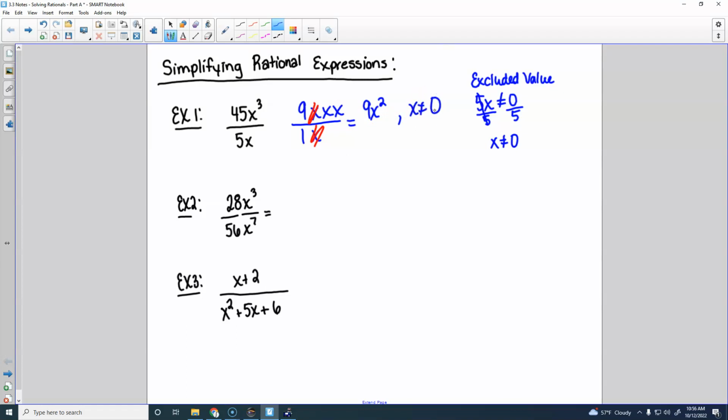So we just add in that excluded value there at the end. So, I mean, you can write this out every time where you write all your x's out on top and bottom and mark them out one by one. But you should see that basically what's happening here is you're just subtracting those exponents. This had an exponent of 1, even though it wasn't written. 3 minus 1 gave us 2.